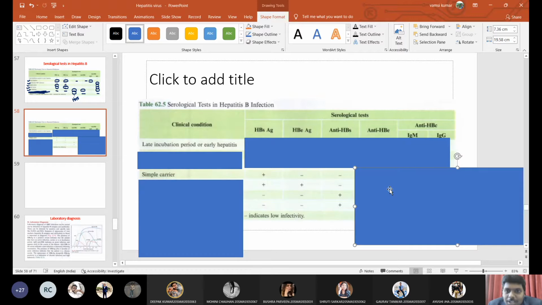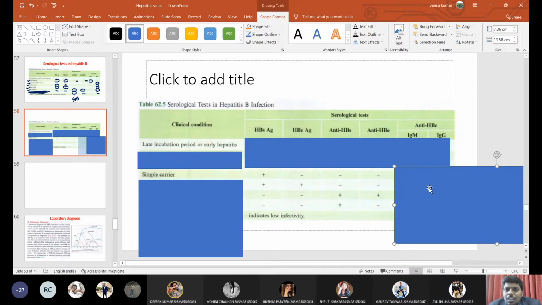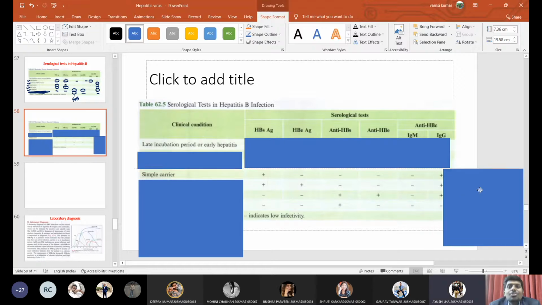Then envelope antibody? Negative. Then core IgM antibody? Negative, because they do not have acute infection. Then IgG antibody? Positive. Very good.